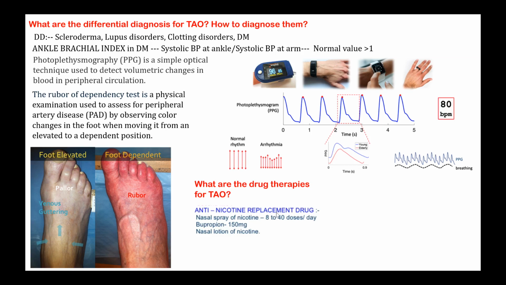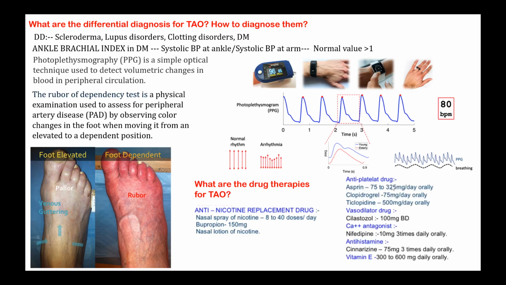All these things are nicotine replacement drug therapy. Then antiplatelet drug therapy like 75 to 350 milligrams of aspirin, clopidogrel; ticlopidine, of course, has gone out of vogue. Vasodilator drugs like cilostazol, calcium antagonists like your nifedipine, and antihistamines like thymoxamine and vitamin E. All these things have been tried.